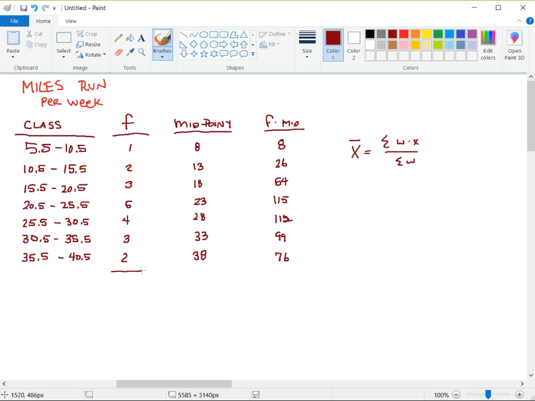So if we're going to take frequencies as our weighted term, then we need to sum this up, and you can see here that n equals 20, and then frequency times midpoint, this column is going to end up being the numerator. You sum all that up, it's 490, so we get 490 divided by 20, and this ends up turning out to be 24.5 miles. So refer to your book for more details on this, and I'll catch you in the next video.